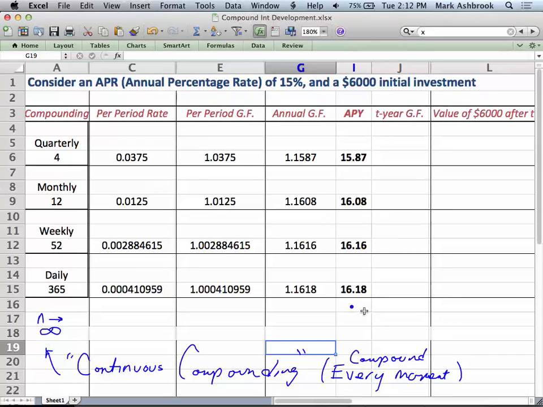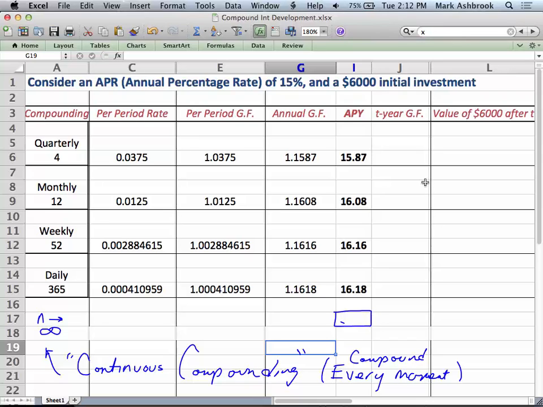If we compound it continuously, what do you guess this number is going to be? 18? 16.5? No, what do you think? 16.182. Yes, it's going to be something just a little bit higher than 16.18 based on what we're seeing here, right?